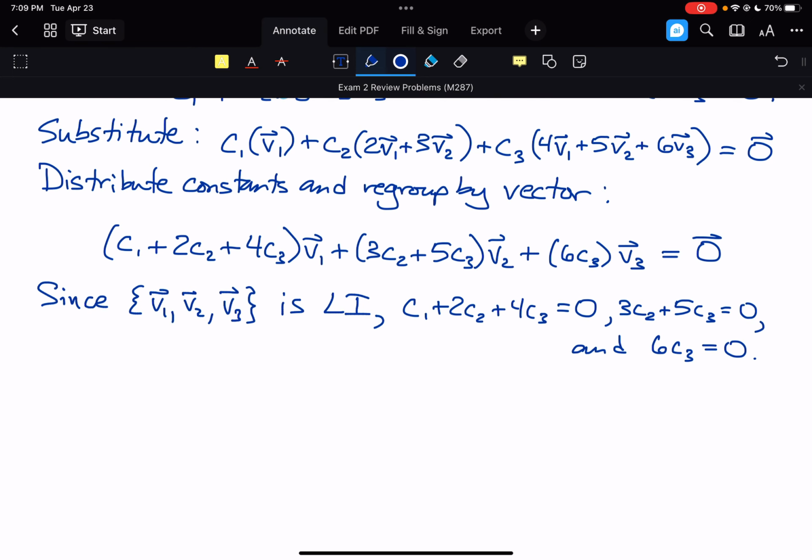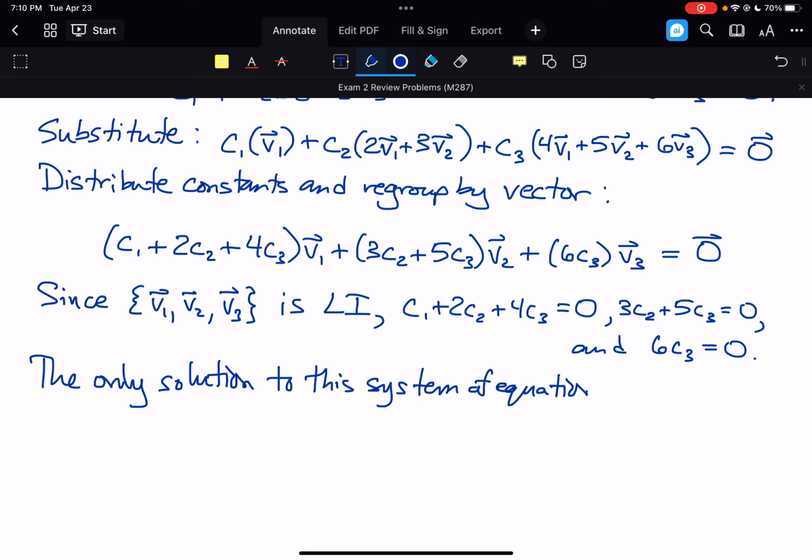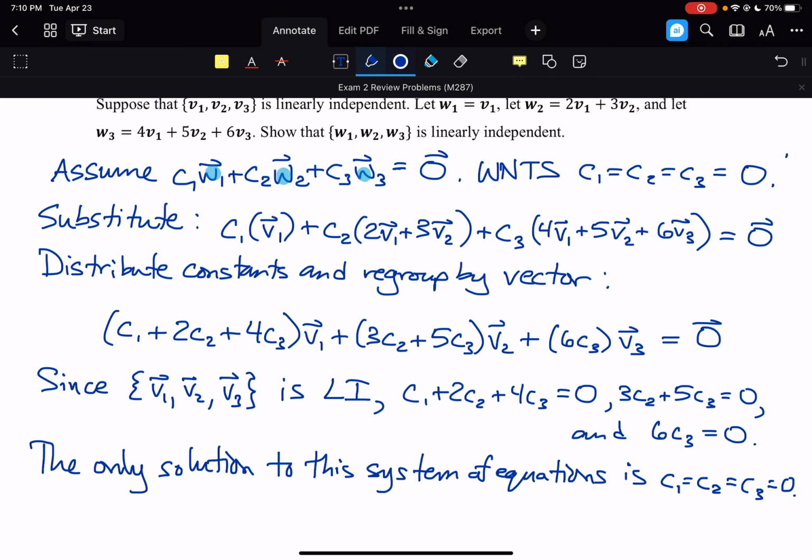So the only solution to this system of equations is that c1, c2, and c3 all equal 0. And if you recall, that is exactly what we needed to show in order to prove that the set of w vectors is LI, because this c1, c2, c3 are the same as the c1, c2, and c3 up here.